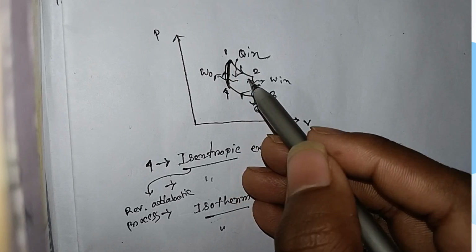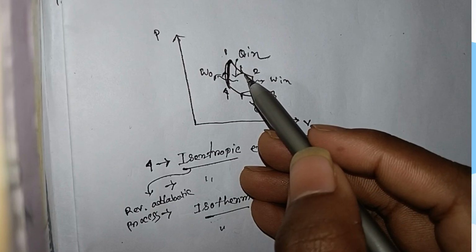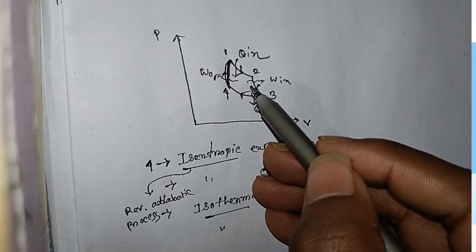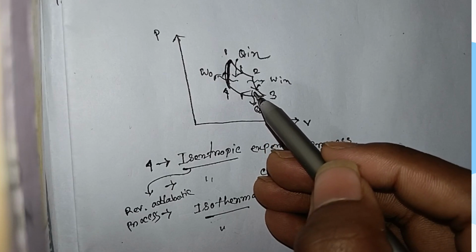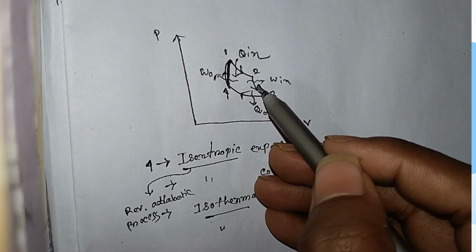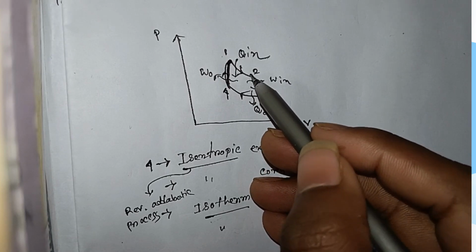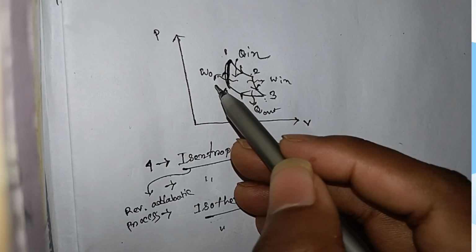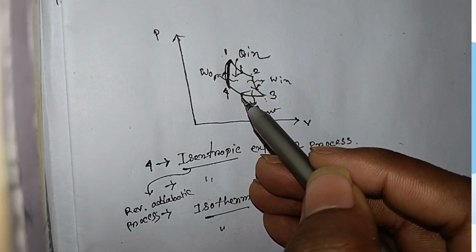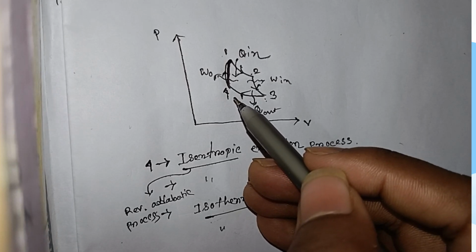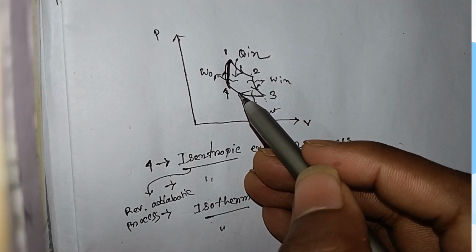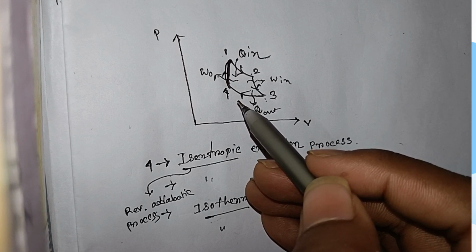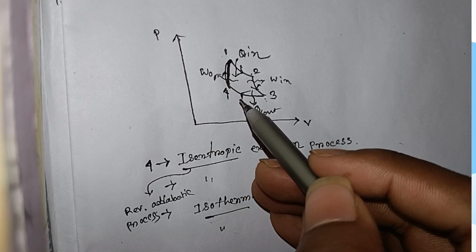Like 1 to 2 is the reversible heat addition process, 2 to 3 is the reversible adiabatic expansion process, and so on. All processes are reversible, so this is the internally reversible process. But if only the heat addition is reversible in manner, then we can say that the process is externally reversible. Okay.